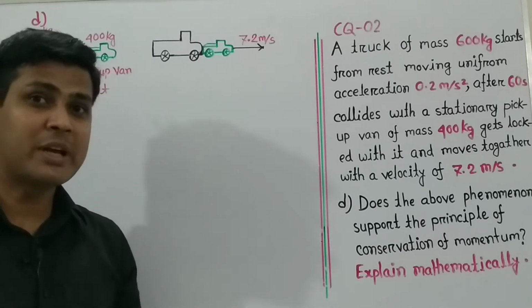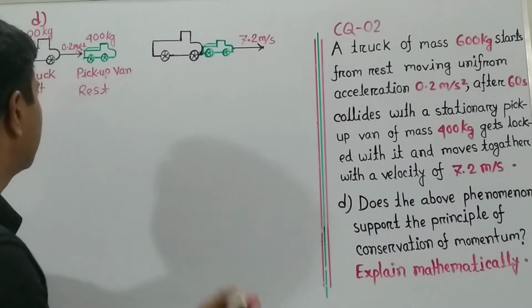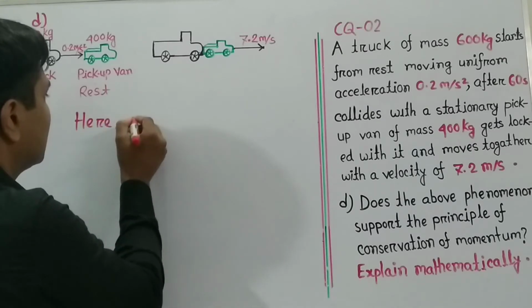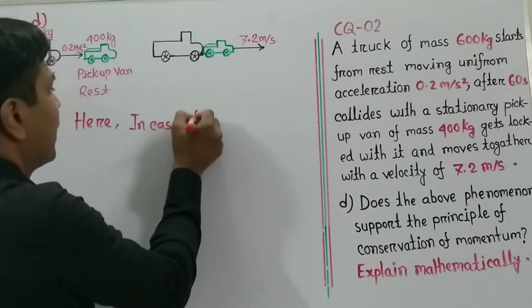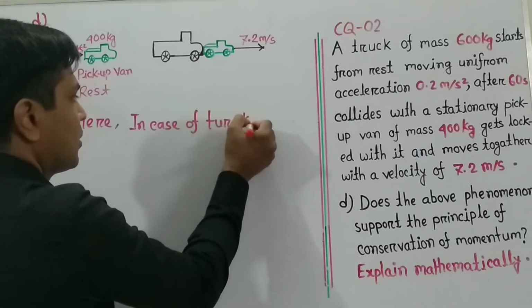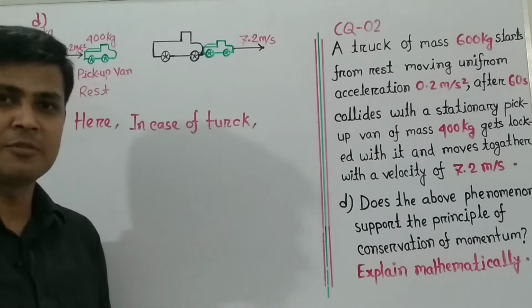That means we have to calculate the initial velocity of the truck first. So we can write here, in case of truck, initial velocity of the truck is 0 because the truck starts moving from rest.